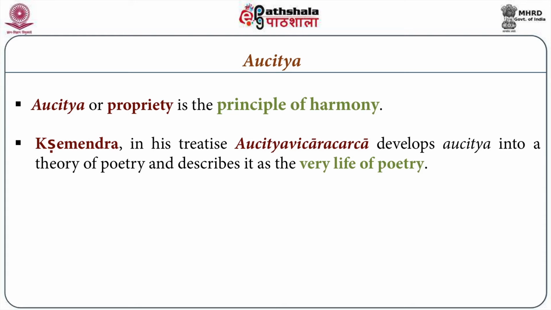It is not that he first enumerated Auchitya or propriety. Beginning from Bharat, people have reflected on it, but he says that it is the essence of literary art. It is the most essential element of literary art. Bharat talked about the dialogue delivery, costumes, and performance of actors, that there should be propriety in all their gestures.